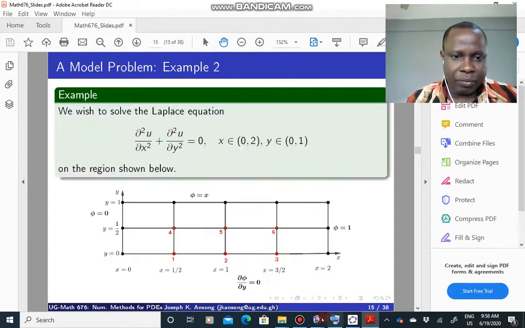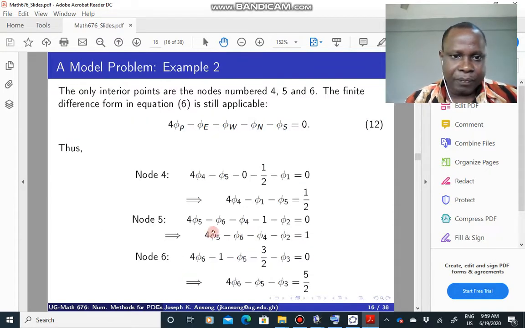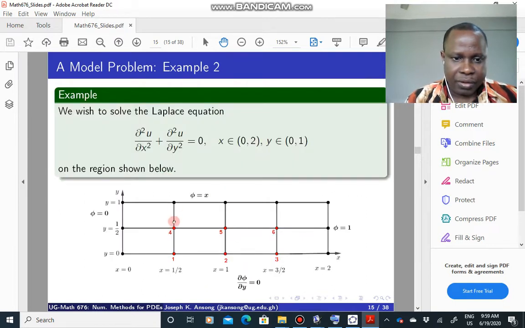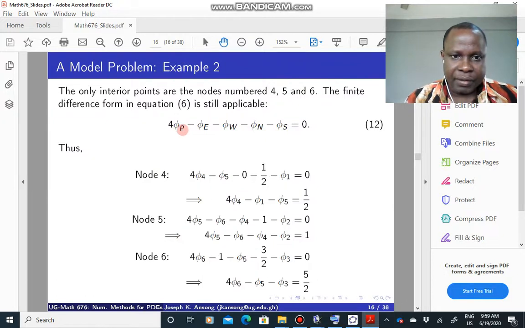So for 4, 5, and 6, it is the same as we've done before. We're going to apply this so that at point 4, we get 4 phi 4 minus phi 5, minus 0, minus 1/2, minus phi 1 is equal to 0. That is because when you are here, the equation involves the central point, the east, west, north, and south.